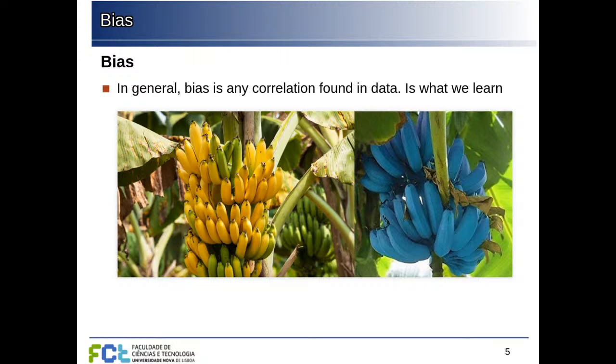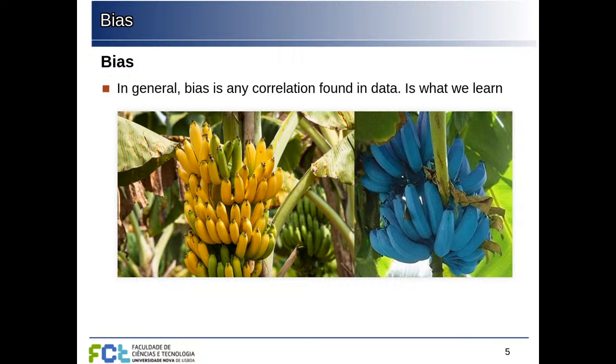But this bias is crucial for learning, because if you make no assumption about the shape, the color, and the size of bananas, then you cannot have an idea of what a banana is, because an elephant could be a banana, the sea could be a banana, and so on. You need to have bias in order to learn something.